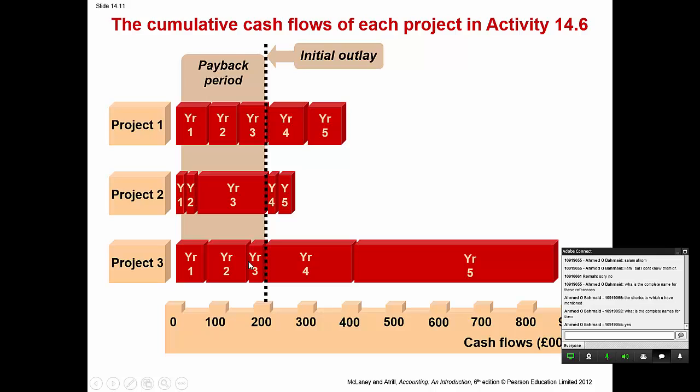Whereas investment number 3 gives you a return after the payback period which is more than project 2 and more than project 1. Under the payback period rule, they are equal because they have the same payback period, and this is a problem with the payback period.